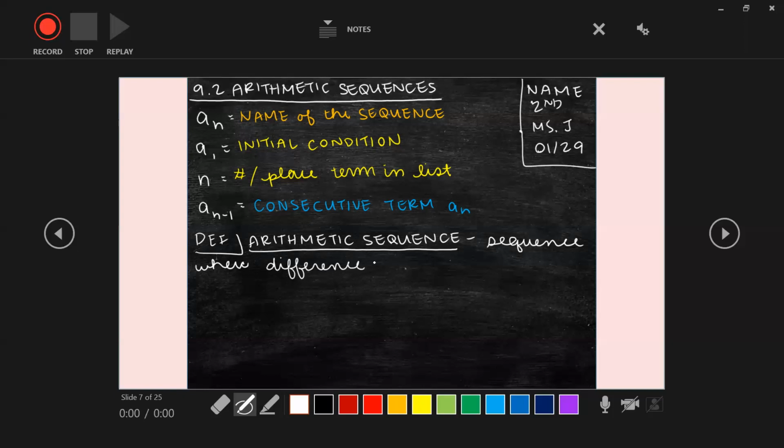So a sequence where the difference between consecutive terms is constant.